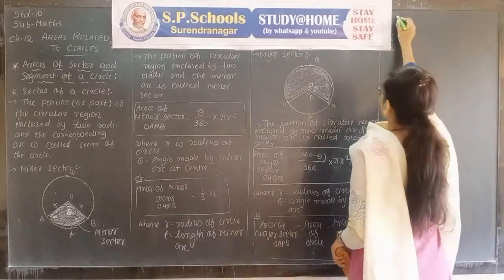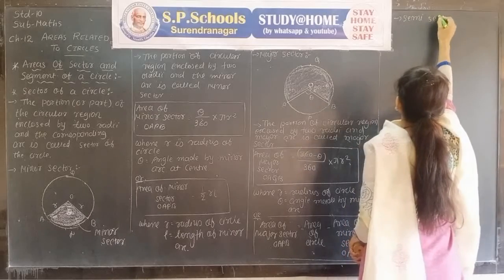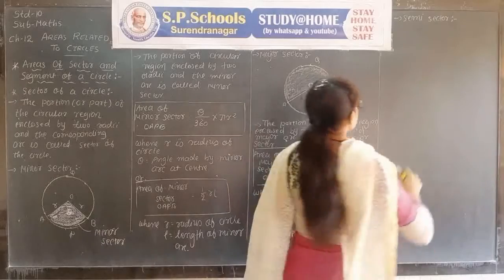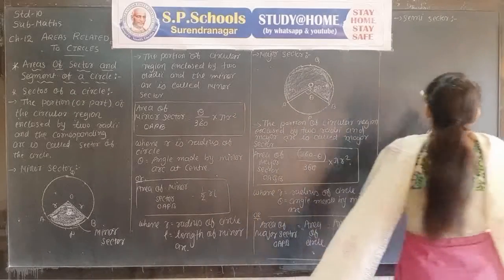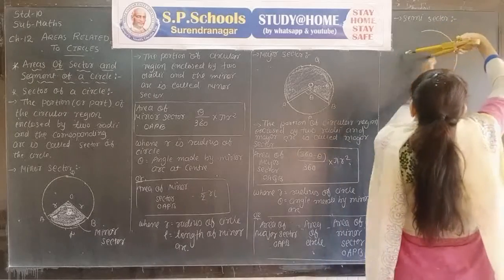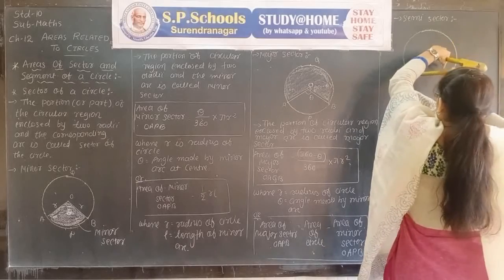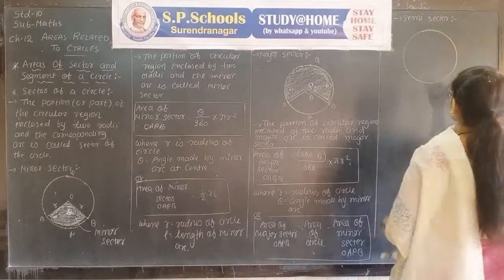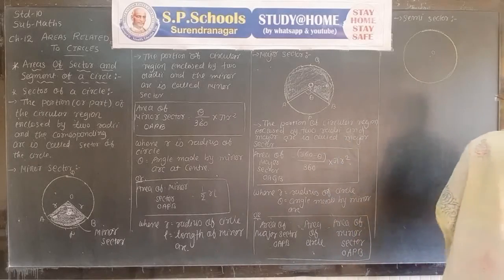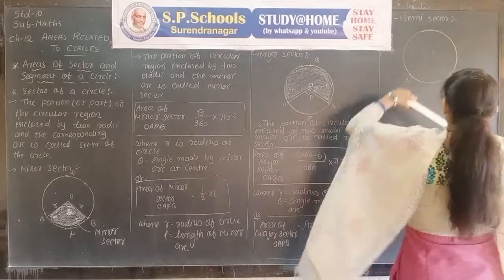Now the semi-sector. Semi-sector is nothing but it is a semicircle. O is the center of circle. A and B are 2 points.